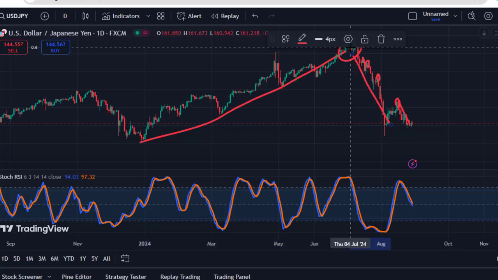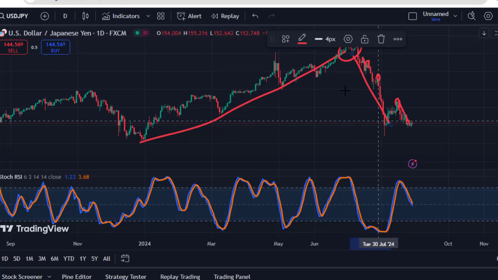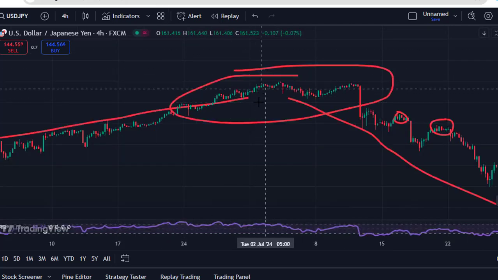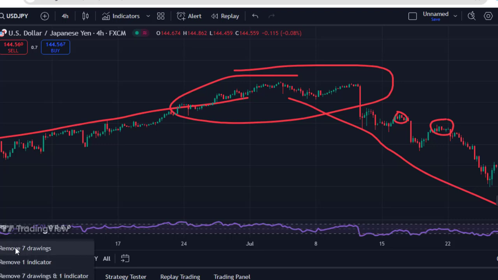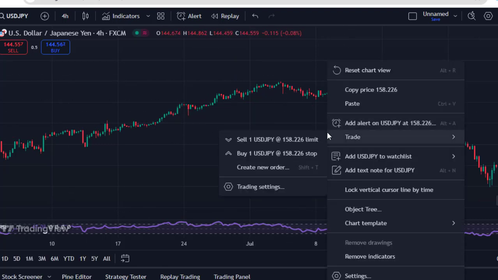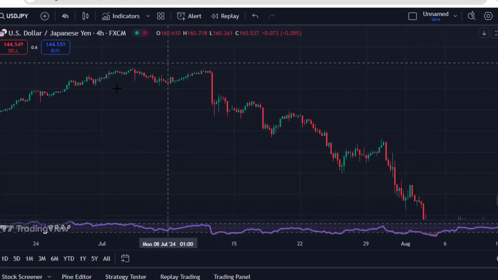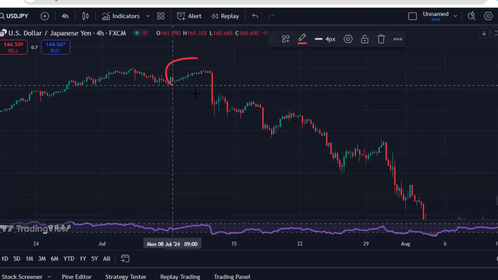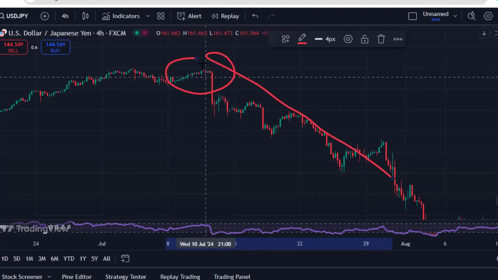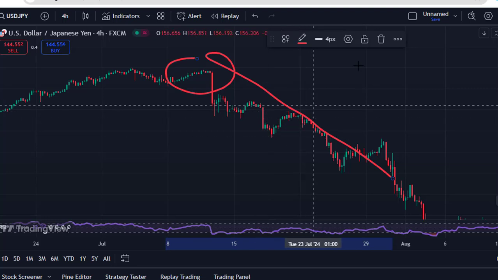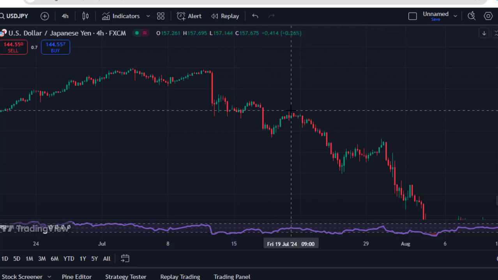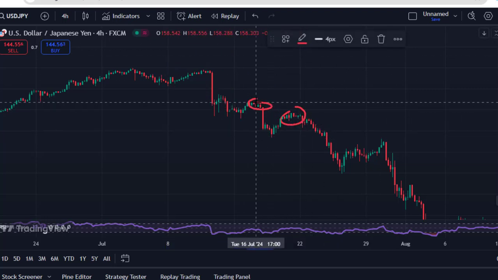So we want to take advantage of this movement to the downside, which will be very significant on the 4-hour chart. As you can see in this area, from this very point right here, the market began to move all the way from here to the downside. So you begin to trade trend continuation by taking advantage of all the pullbacks that we see right here on the chart.